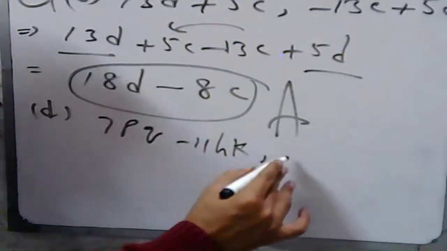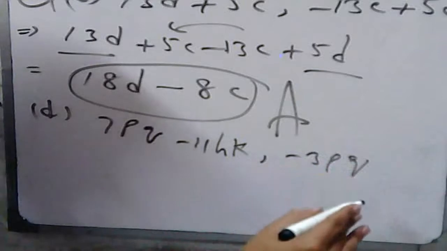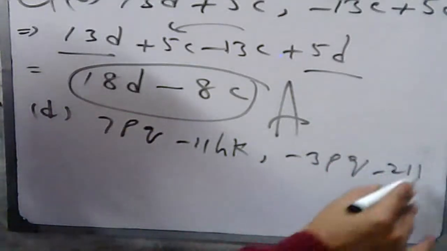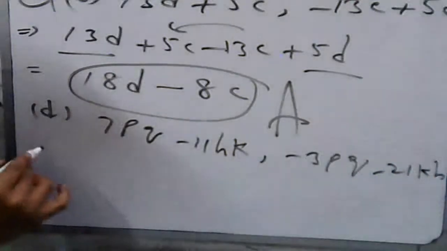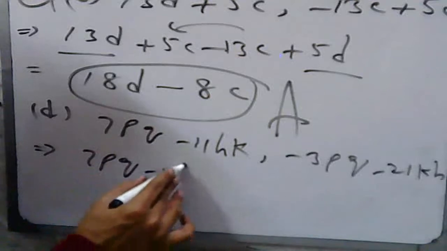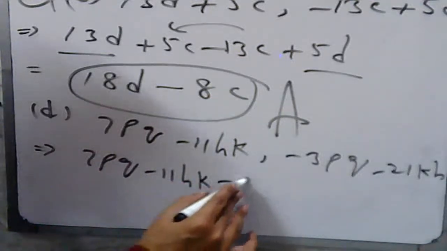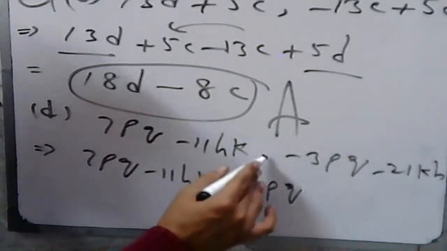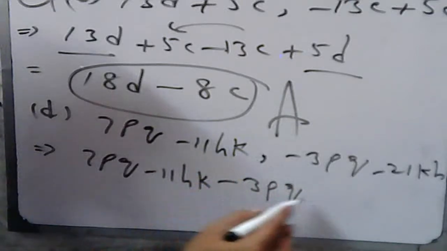And D part, that is 7PQ minus 11HK, comma, minus 3PQ minus 21KH. So this implies 7PQ minus 11HK minus 3PQ. Remove the comma to put positive, but here it is negative, so you have to write negative here, 21KH or HK, both are the same.